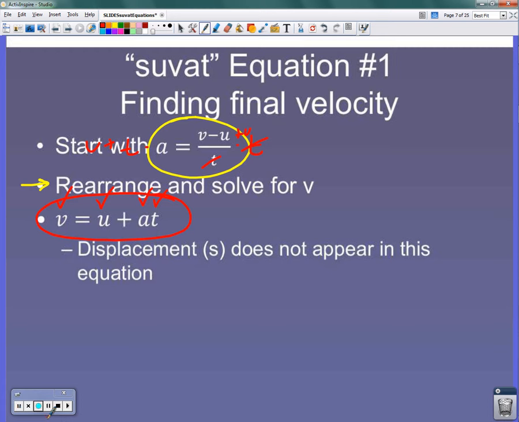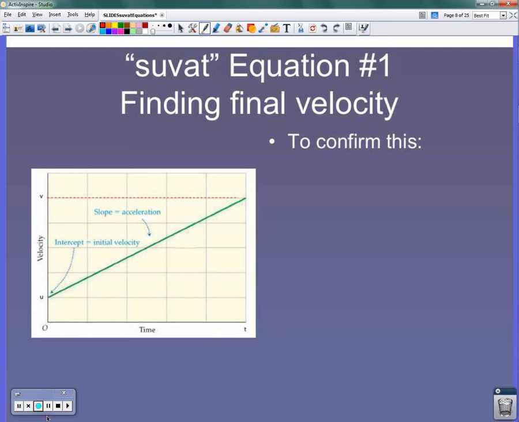Now, as will be the case several times in this class, we can look at something algebraically, but there are other applications that will verify what we've done. If we go back to this picture, notice we're still on equation number 1. We haven't changed equations, just looking for another way to define this.